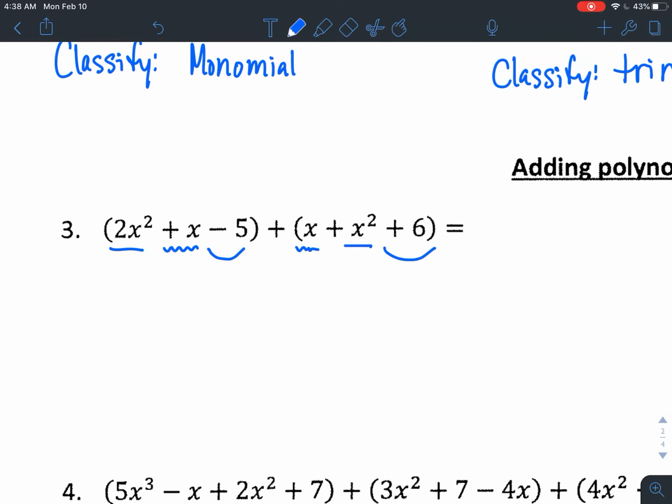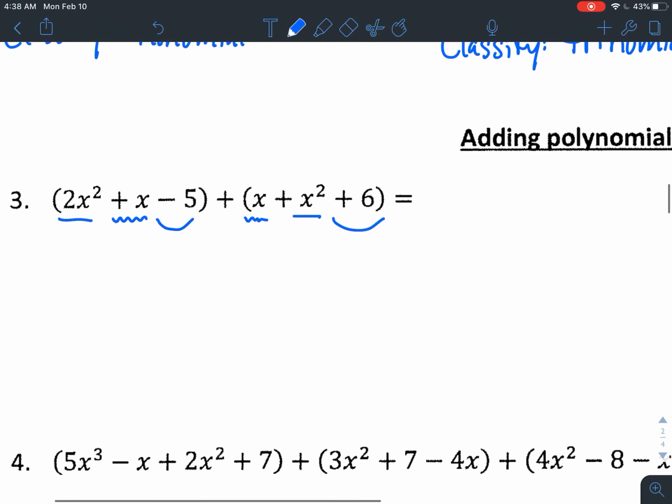It's really up to you. You don't have to do that process, but for some people, doing that initially helps them to keep organized and make sure like terms are getting added with like terms, because again, for a like term, we have to have the same variable and the same exponent on that variable.